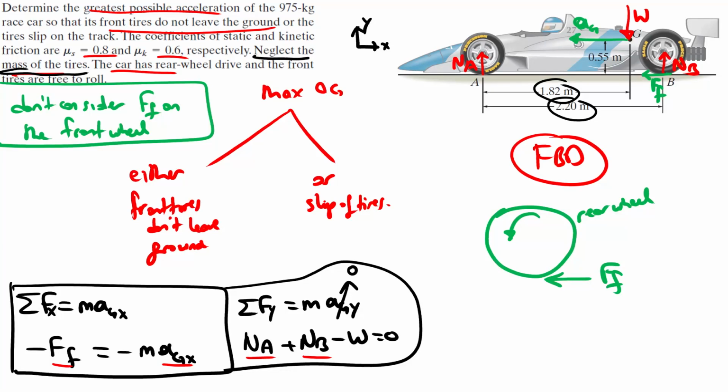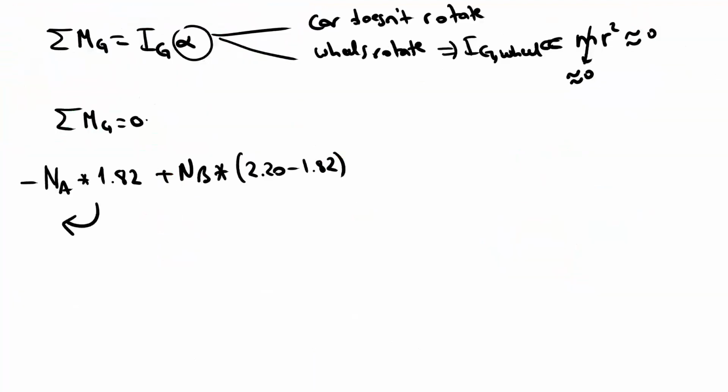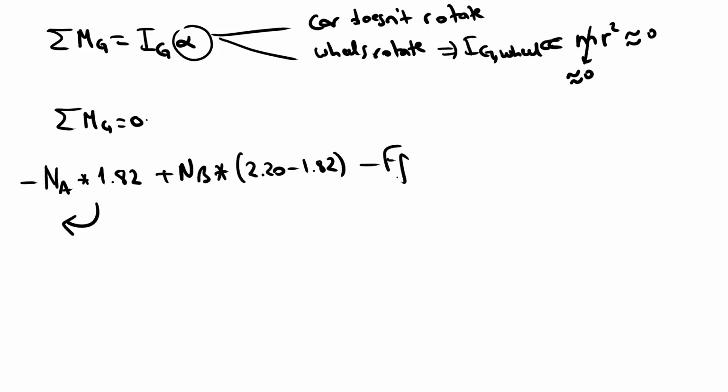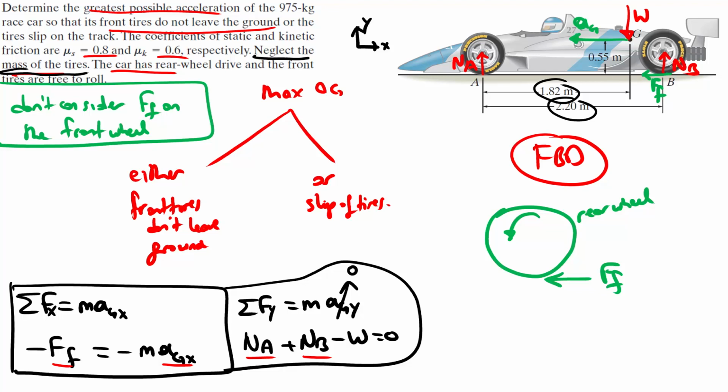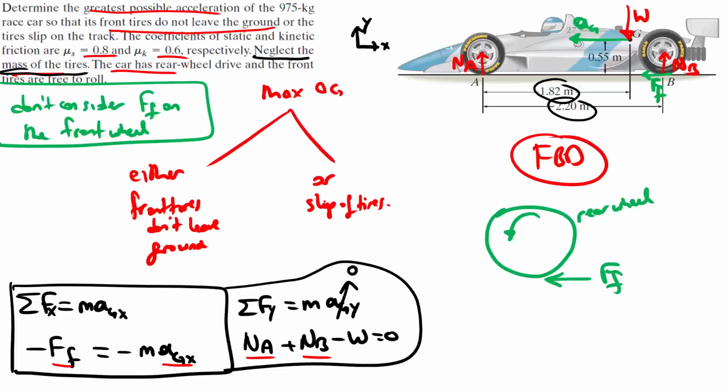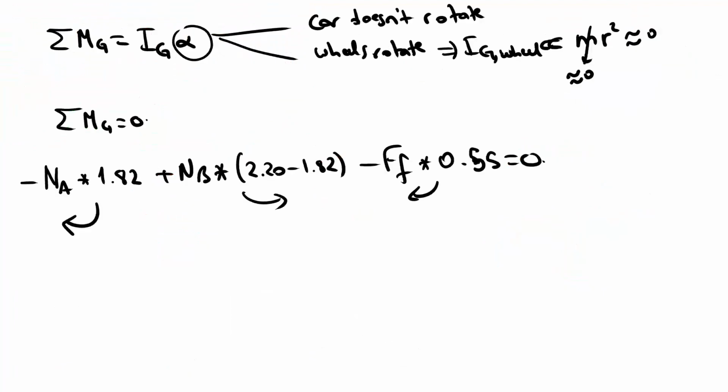This part is the arm. And then the frictional force tries to rotate the car again in clockwise direction, and this clockwise moment of the frictional force has an arm of 0.55 about point G. That's equal to 0. So we have 1, 2, and then 3, but these have been defined before. So we have one equation and 0 unknown.